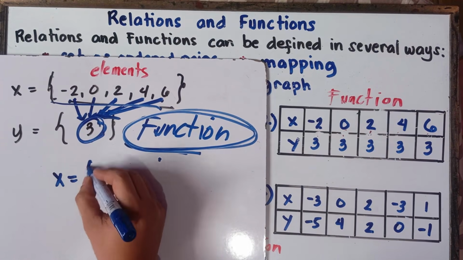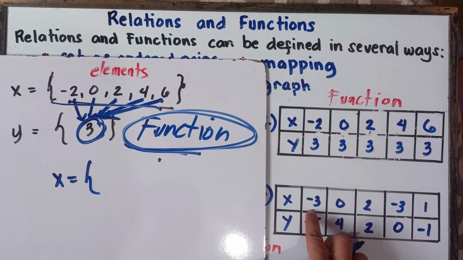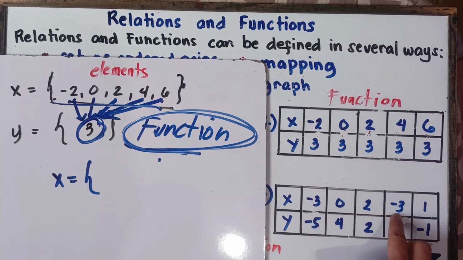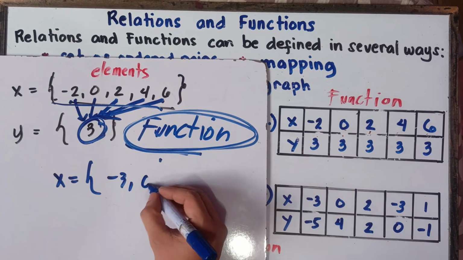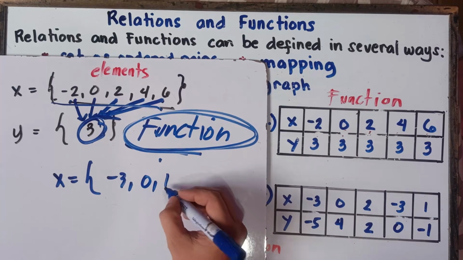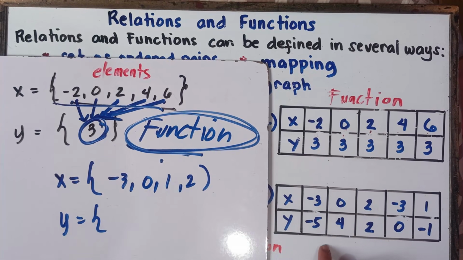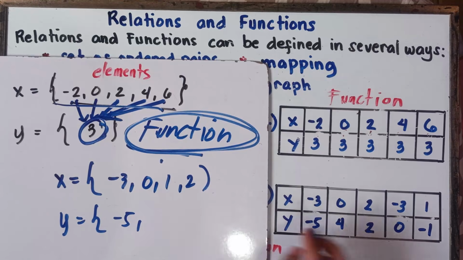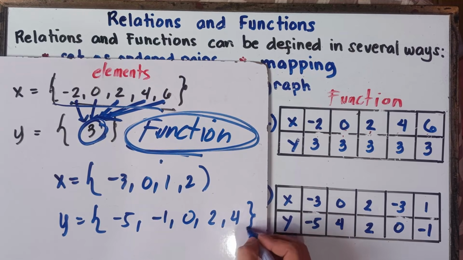For the x values, we have the given elements: negative 3, the smallest number. We have two negative 3s, so simply write it down as one. So negative 3, and then 0, 1, and then 2. For the y values, the smallest number is negative 5, then negative 1, 0, 2, and then 4.